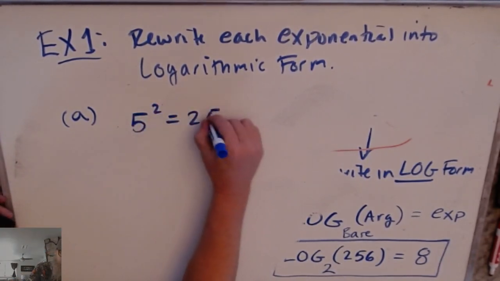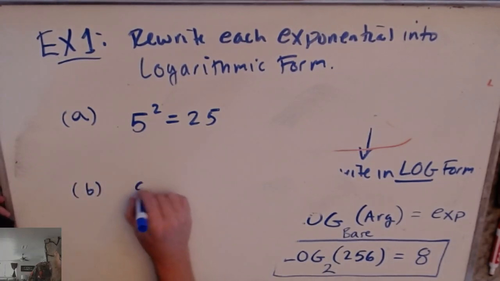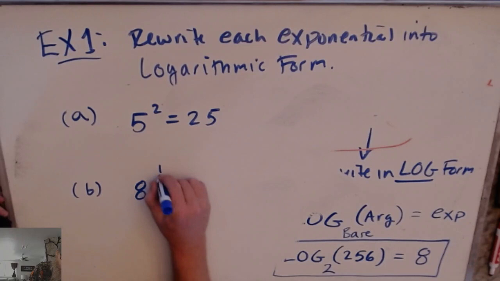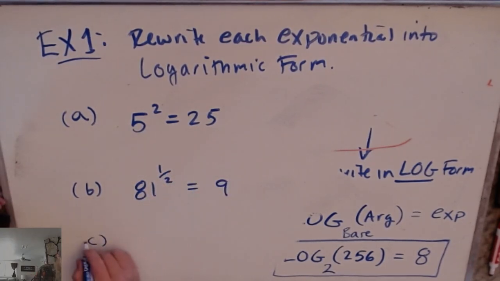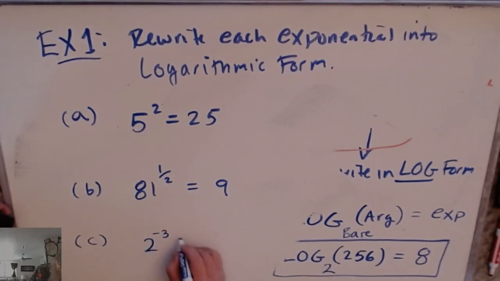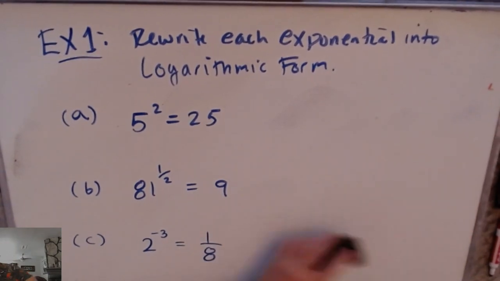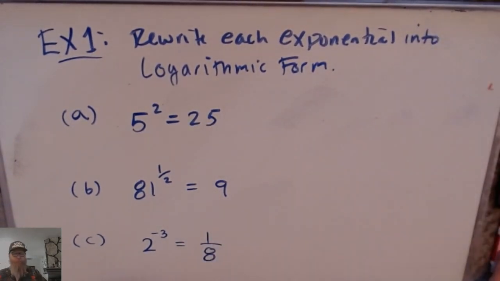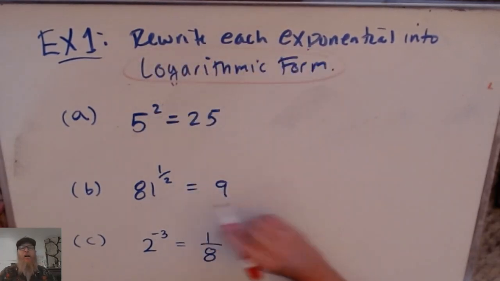Five squared is 25. 81 to the 1/2 is 9. 2 to the -3 is 1/8. All right, so rewrite each one of these into logarithmic form.